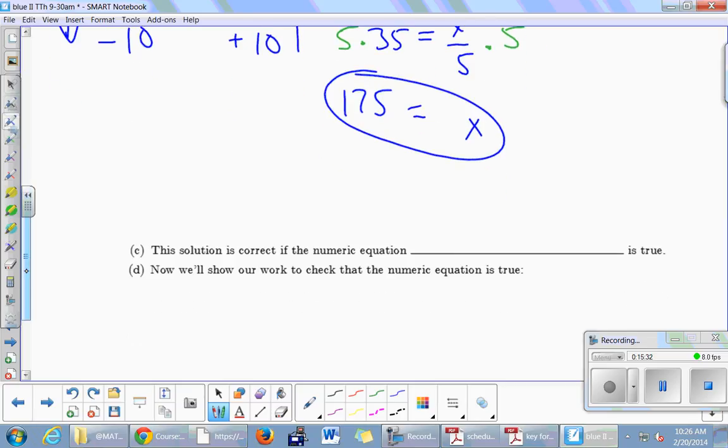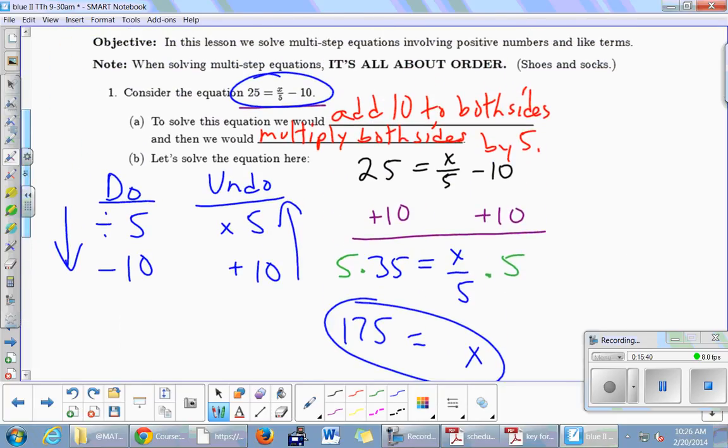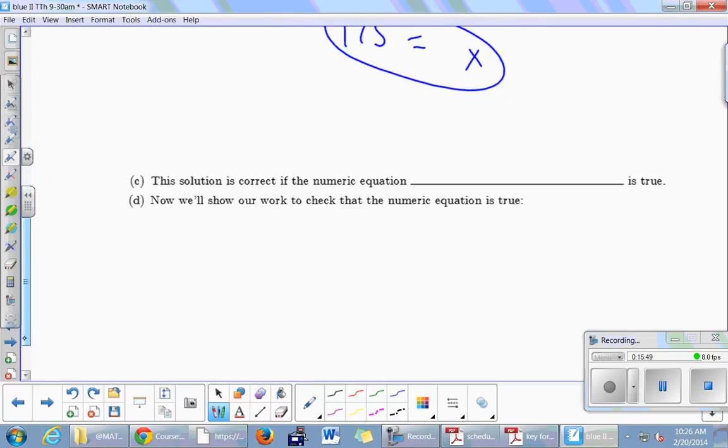Okay, part C. This solution is correct if the numeric equation blank is true. This is my way of saying what would happen if we plugged in. So I'm just going to recopy that original equation, but instead of x, we're going to put 175. So just copying that as it is, 25 equals 175 over 5 minus 10. That's the hope. I hope that it's equal.